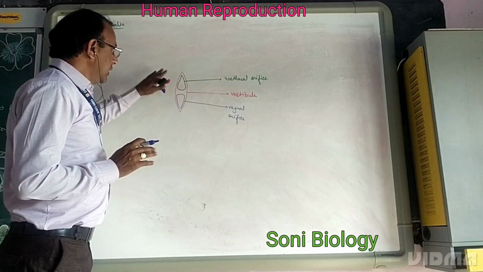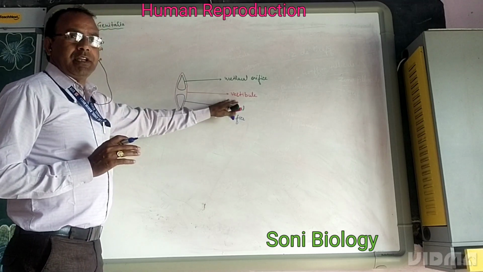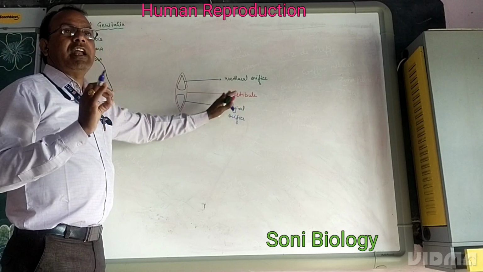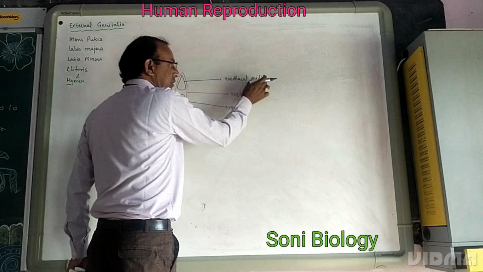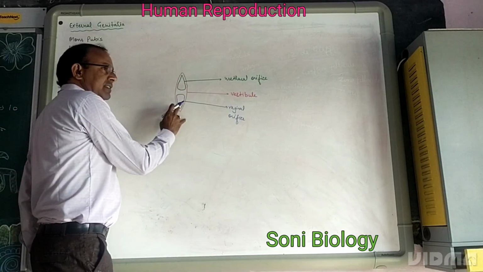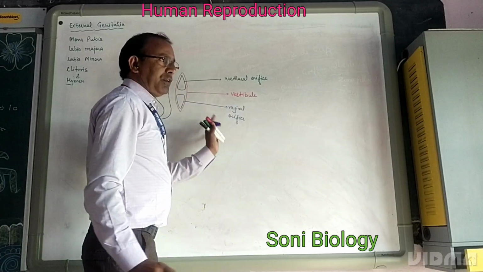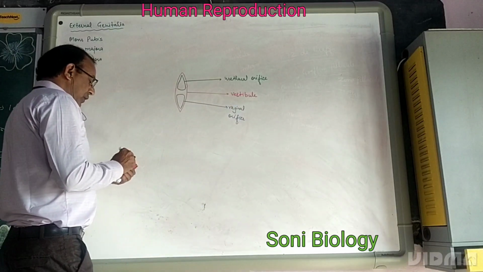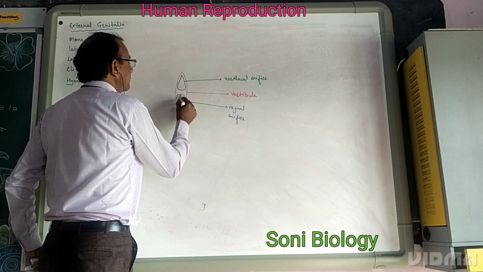Whereas in female, there is one depression, called vestibule. In vestibule there are two openings, one towards the upper side called urethral orifice or urethral opening, and the second is the lower opening known as vaginal orifice. The vaginal orifice is covered with a thin membrane.